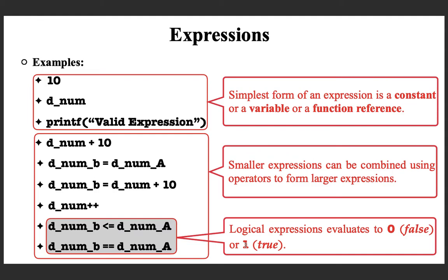So now we know what are expressions, and now we are going to see how expressions can be used to form expression statements. So we are going to utilize expressions to make what are called expression statements in the C language. We can try to understand what they are with examples.